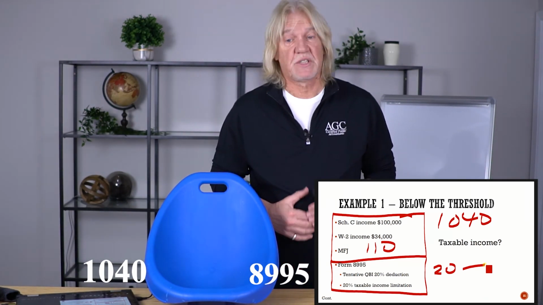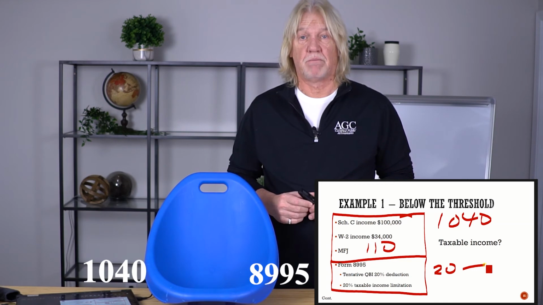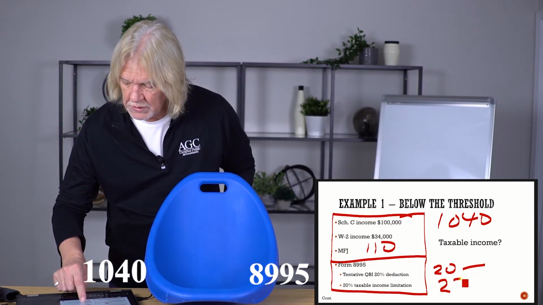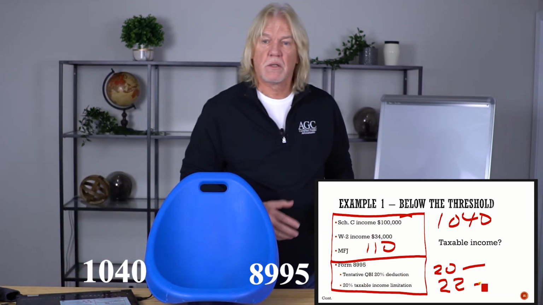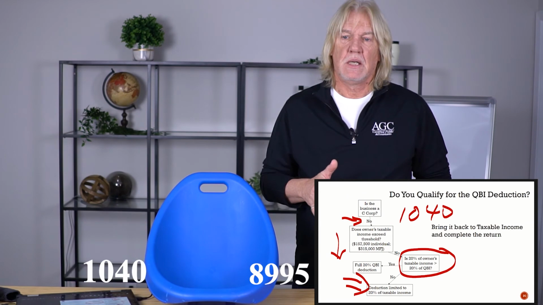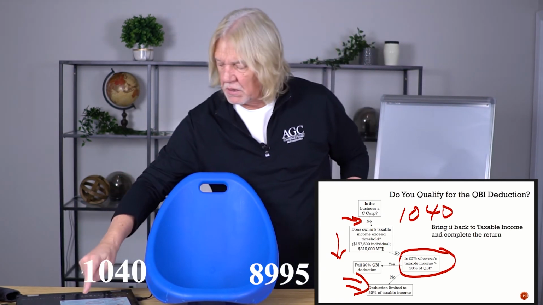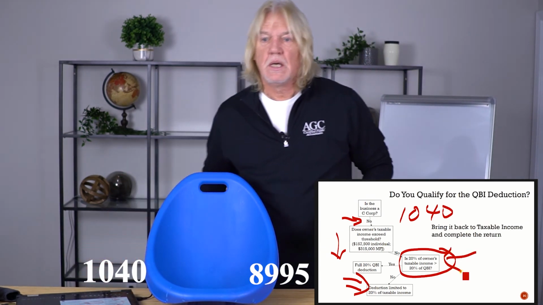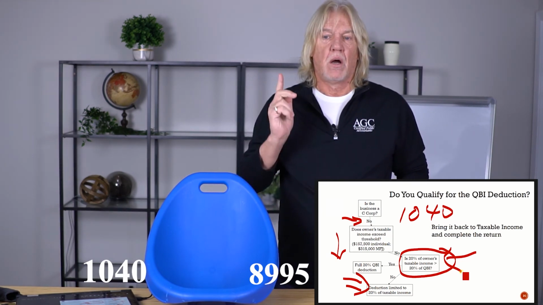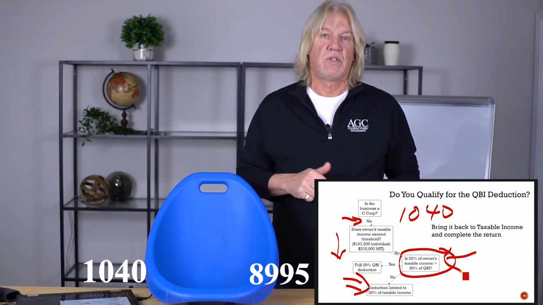Then what's 20% of our taxable income? 22. What did our flow chart we just had say? Let's go back to it. It says right here: it is 20% of the owner's taxable income or 20% of QBI, whichever is less.